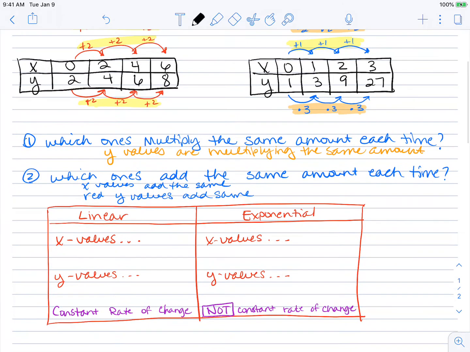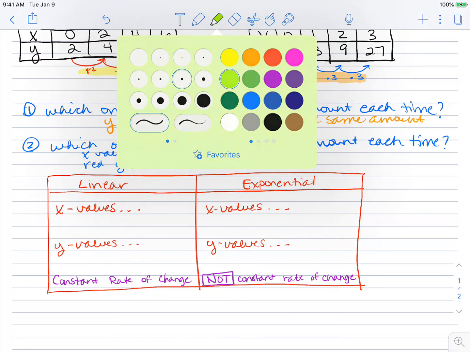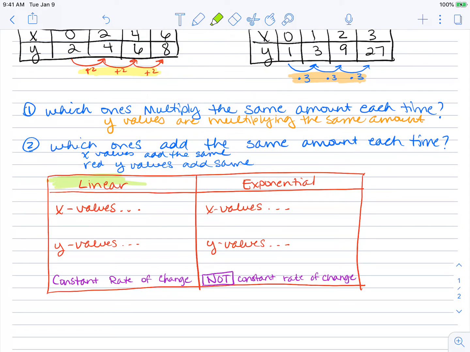So we're going to fill out this table and say, when I had x values for linear functions, so I'm going to make this highlighted in green and say for my linear stuff, my x values, well, they added the same every time. So they add the same.